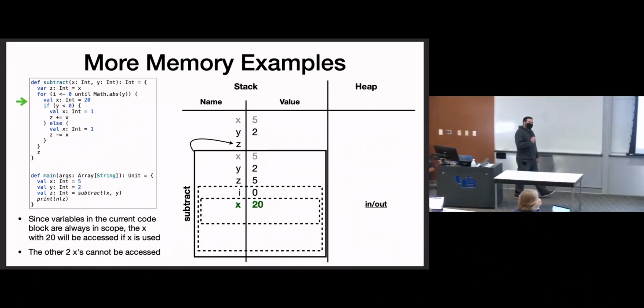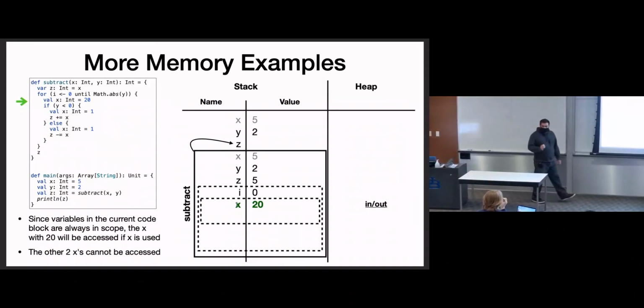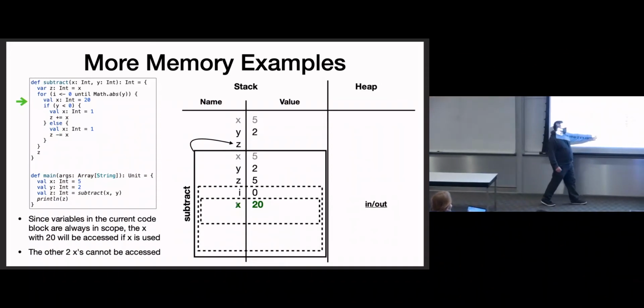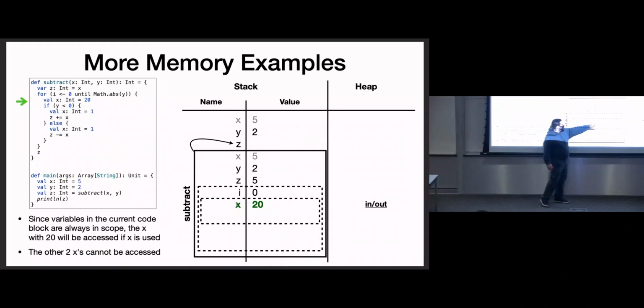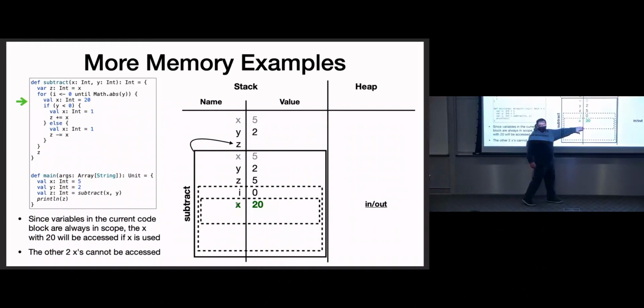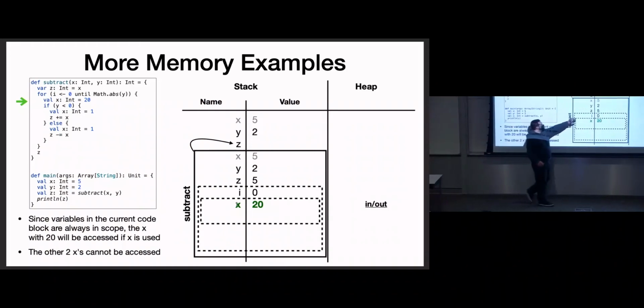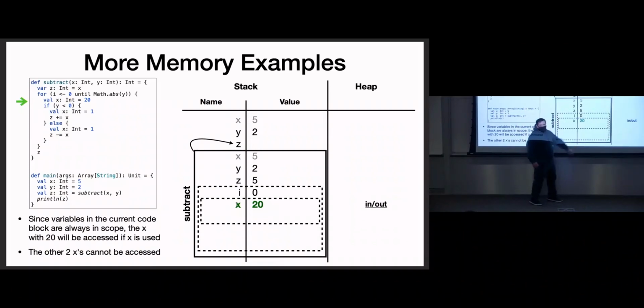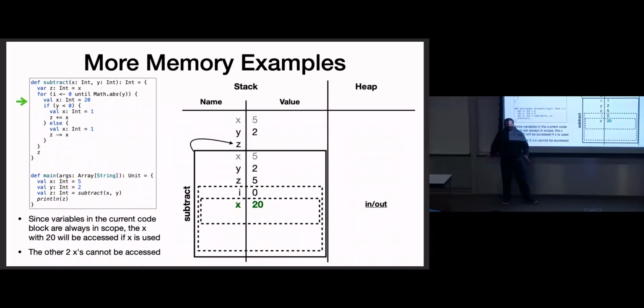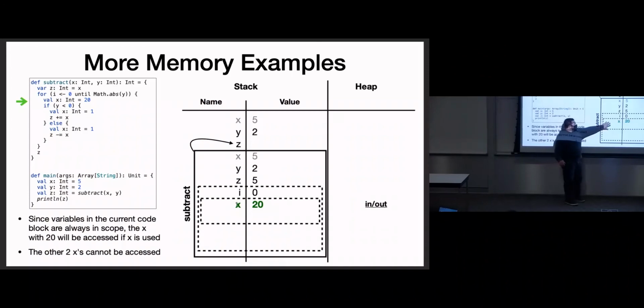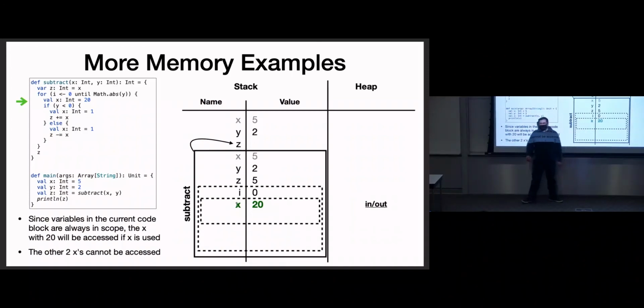the variable in the currently executing code block is always in scope. So this x with value 20 is in scope right now. Now this x out here that's sometimes in scope, it's no longer in scope because we have to guarantee that in the innermost block, that variable is always in scope.